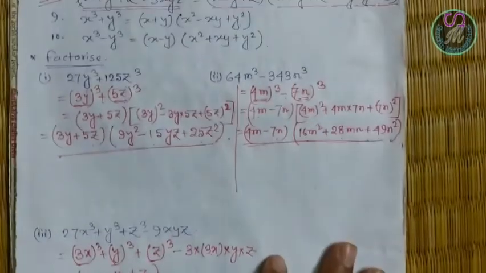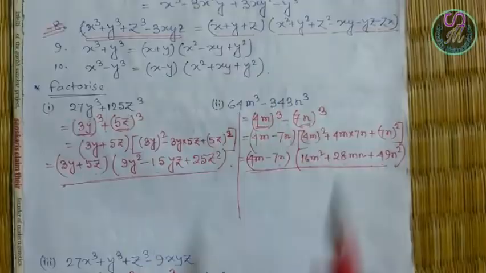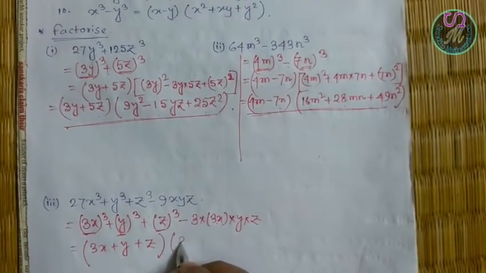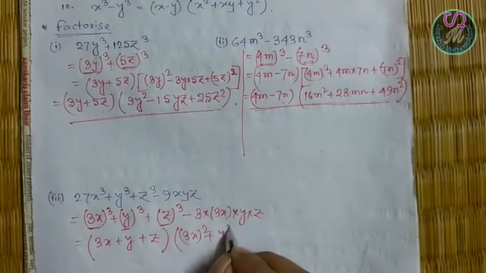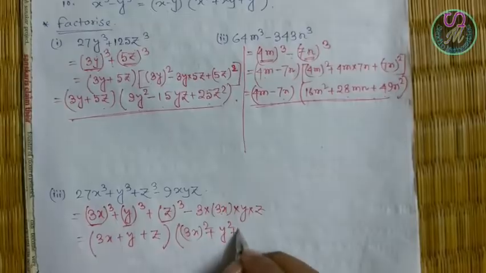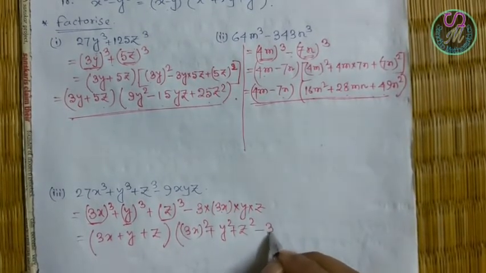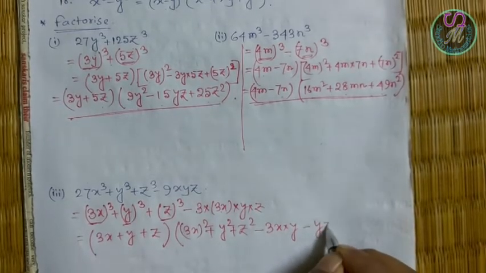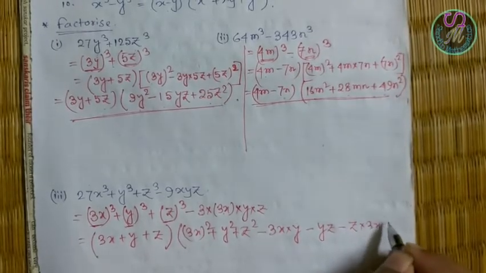So identity, this is x plus y plus z, then into x square. X square means 3x whole square plus y square, y square as it is, plus z square. Then the minus xy. Minus xy means 3x into y, minus yz, y and z, minus zx, z into 3x.